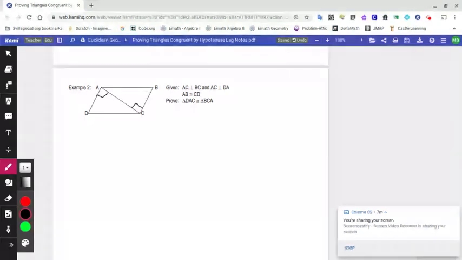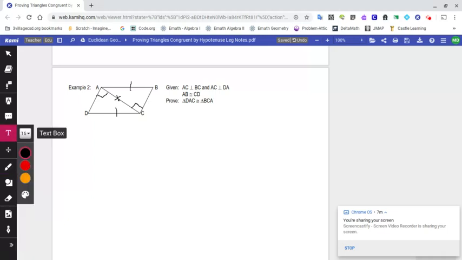AB is congruent to CD. And again, by reflexive, AC is congruent to itself. So we have the hypotenuse, which is AB and DC, and we have one leg, AC, congruent to itself. We've got hypotenuse leg.